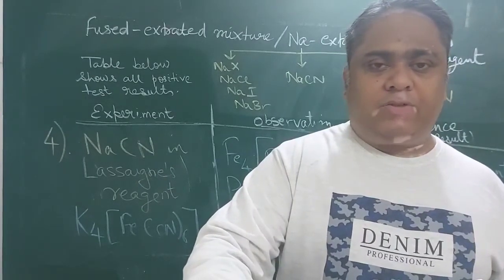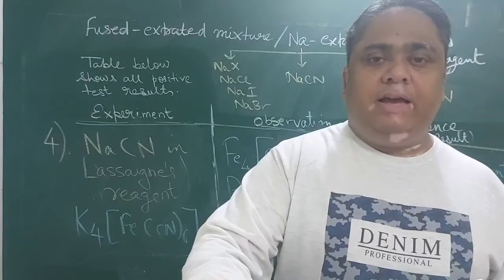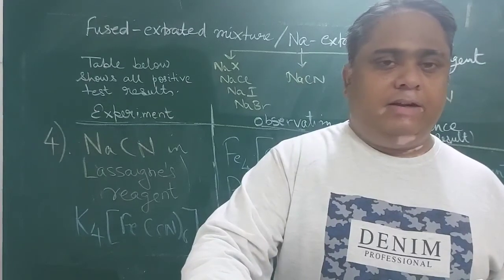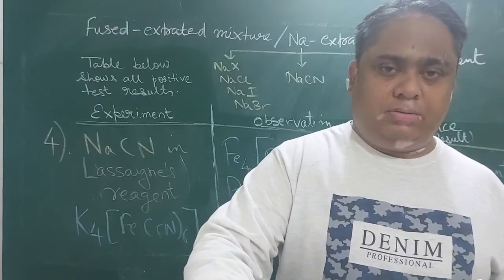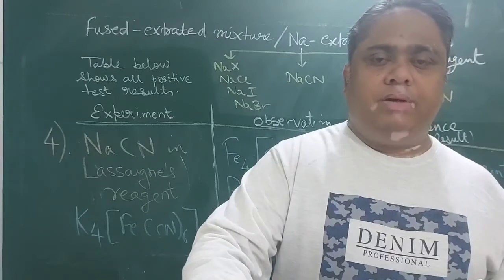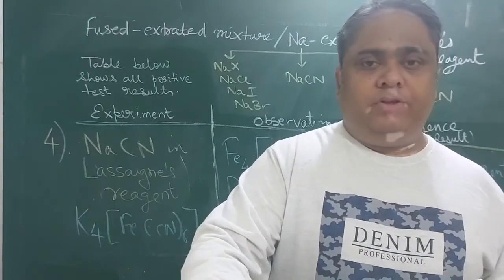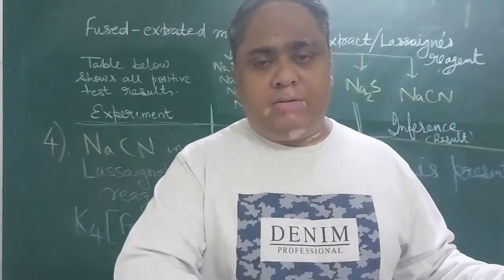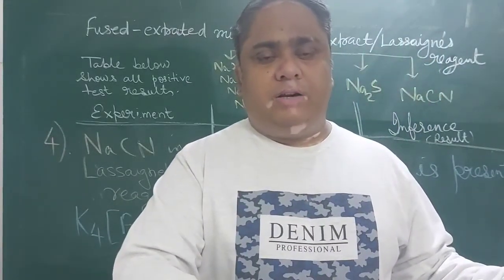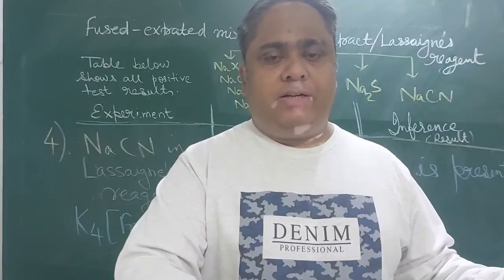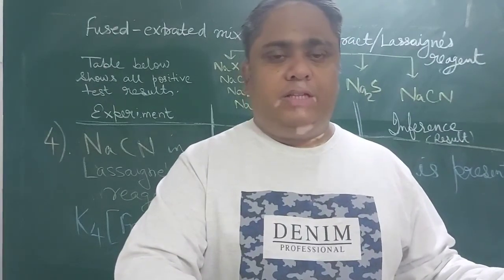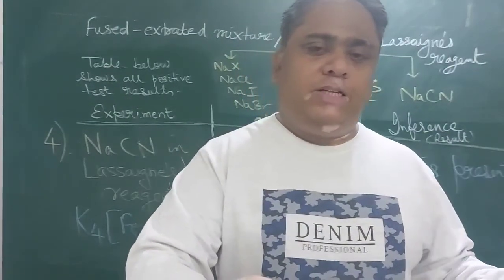And in the conical flask, we get the filtrate containing NaX, NaCN, sodium sulfide, sodium sulfate or sodium phosphate. Now we do the individual tests of halogen, sulfide, sulfate, phosphate, and cyanides. With these tests, we are able to find out which elements are present.